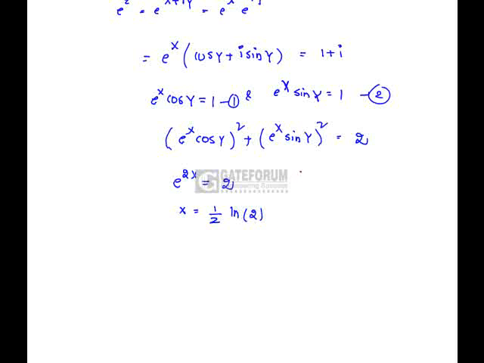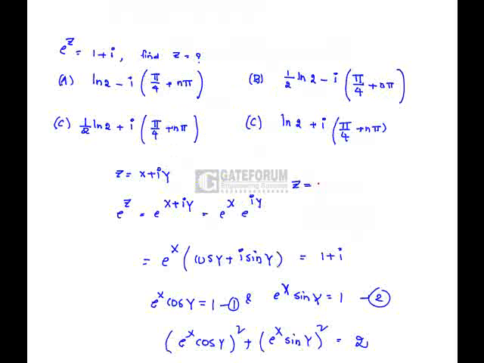Similarly, we can solve for y, that is tan y is equal to 1. So y is pi by 4 plus n pi. Hence z is x plus iy, 1 by 2 natural logarithm of 2 plus i times (pi by 4 plus n pi). Hence option C is correct.